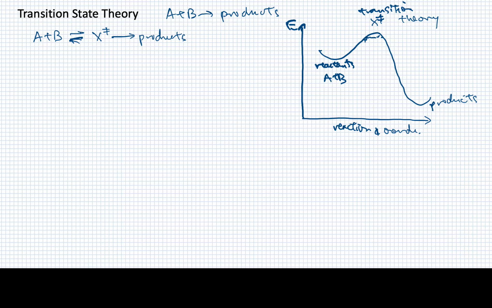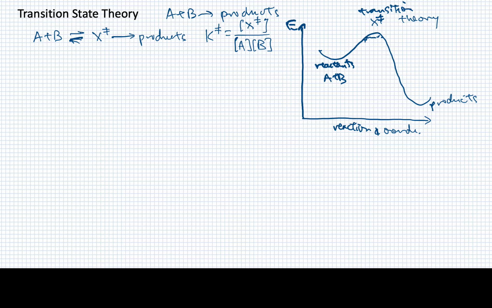Now, if this were a real equilibrium, we could form an equilibrium constant that might be something like this, where we have the concentration of this activated complex divided by the concentrations of A and B. And in fact, we're going to use this to our advantage as we formulate what happens here, even though this activated complex is a transient species, not something that is going to last for very long.